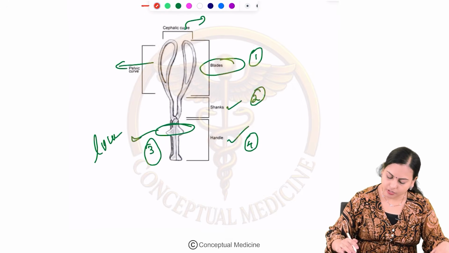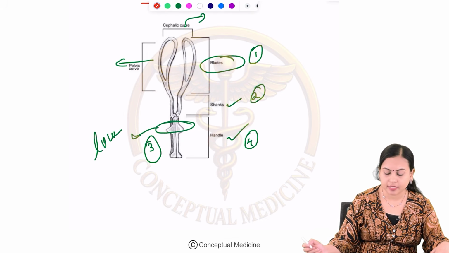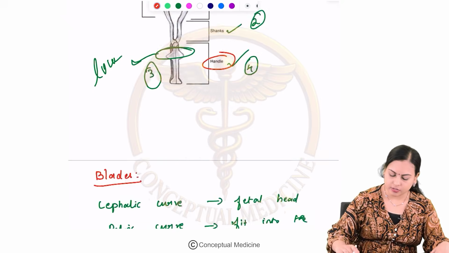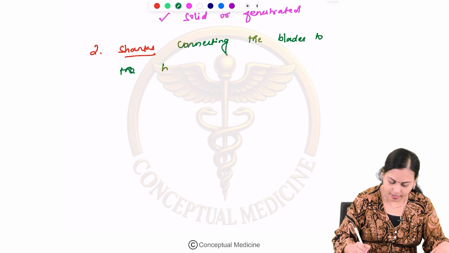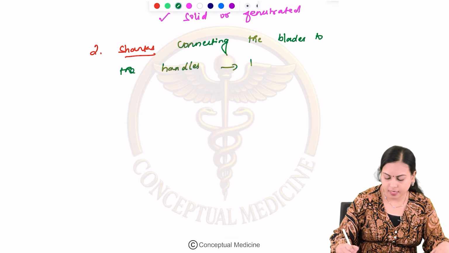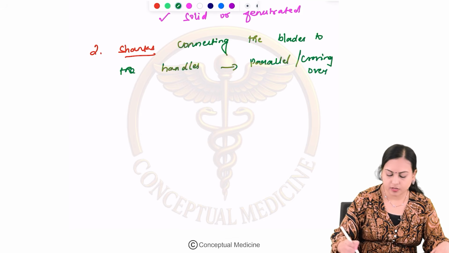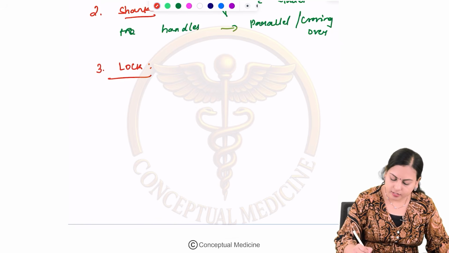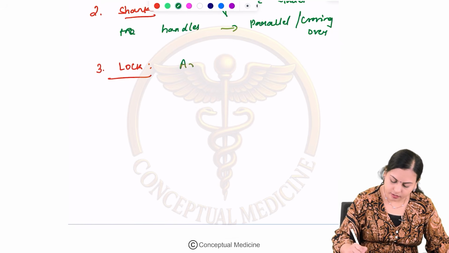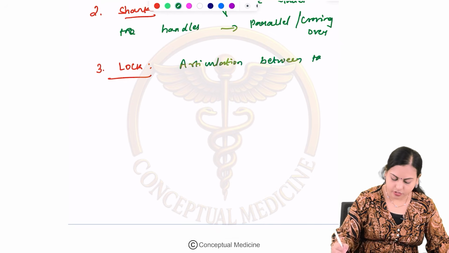Right. And the second part is the shanks. Okay. If you see the shanks are connecting the blades to the handles, right? So, shanks are the parts that is connecting the blades to the handles. Okay. Shanks can be parallel or crossing over, right? The third part is the lock, which is the articulation between the shanks.